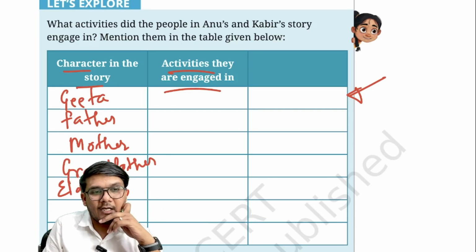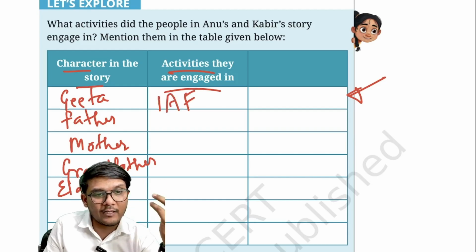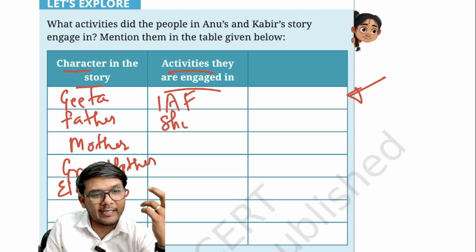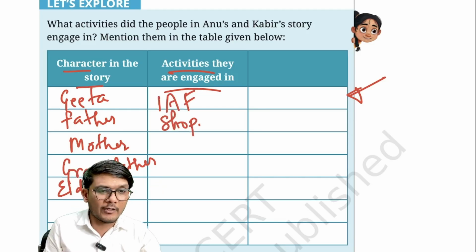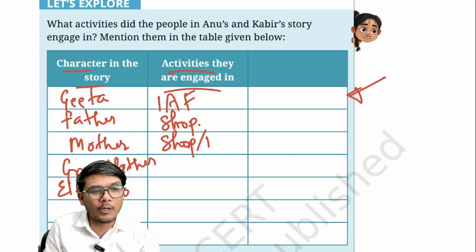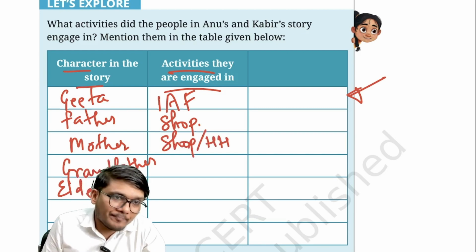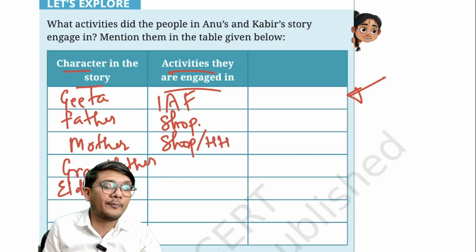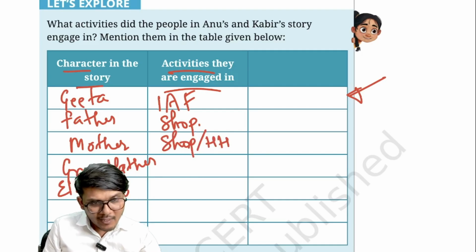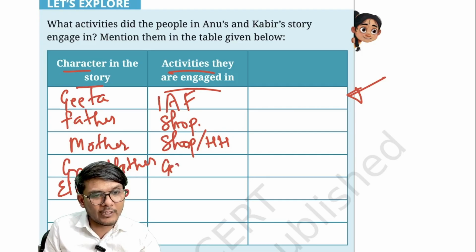So Geeta is a pilot in the Indian Air Force. Her father has a shop wherein he's selling uniforms. Her mother also works in the shop, but at the same time does various household works as well. If you talk about the grandfather of Kabir, what does he do? He now teaches geography free of charge.